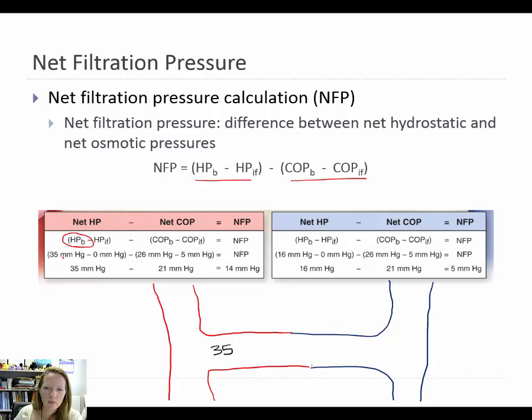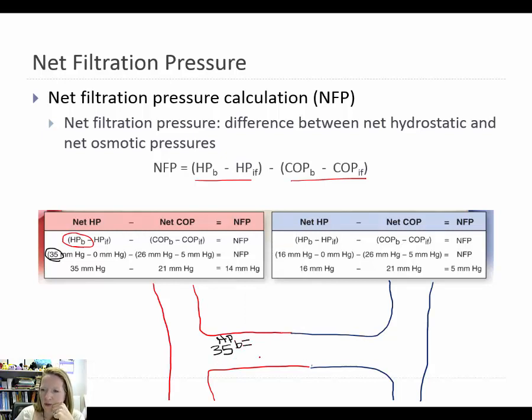I'm not going to put the millimeters of mercury just to save time, but that's what that 35 is. It's going to be that hydrostatic pressure, HPB.